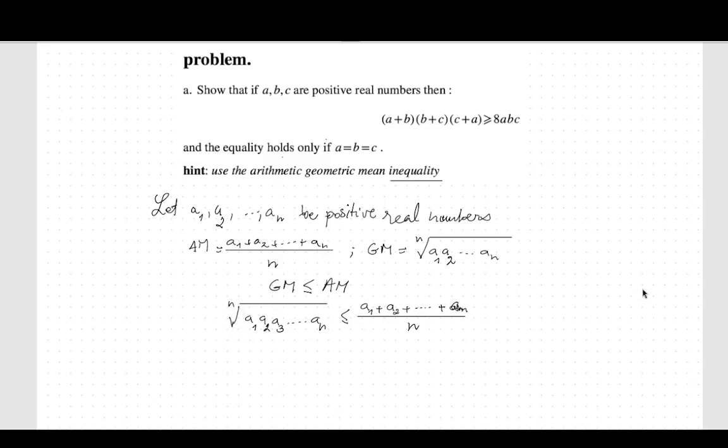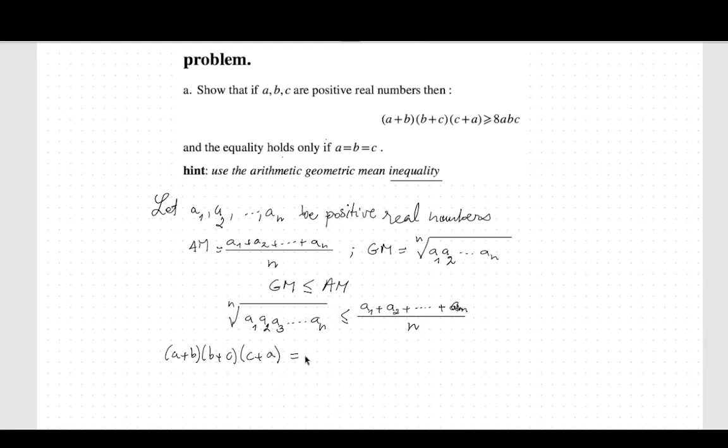Now, how can we use this inequality to prove the required inequality? Let's start with this product here, (a + b)(b + c)(c + a).